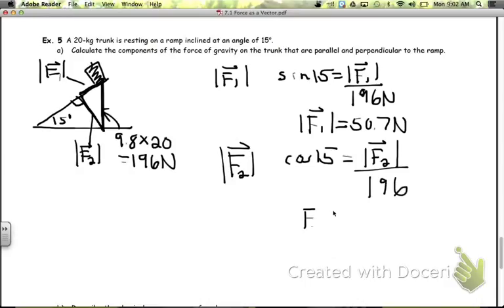So our force 2 is going to equal 189.32 newtons. The biggest thing we need to remember is our 9.8, and the reason we multiply it by 20 is because our trunk is 20 kilograms. The 9.8 is our acceleration due to gravity.